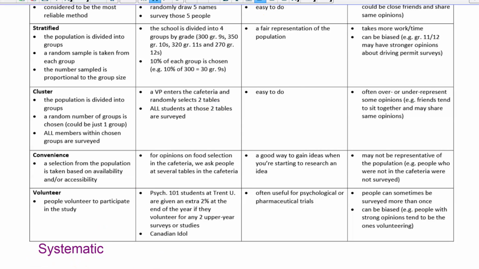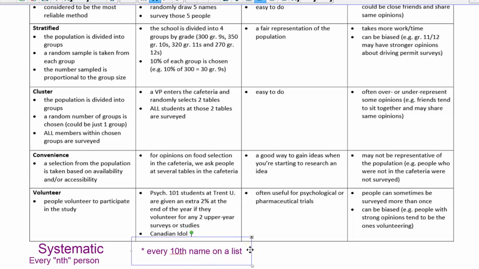Okay, so what I mean by nth person, my example here would be every 10th name on a list.